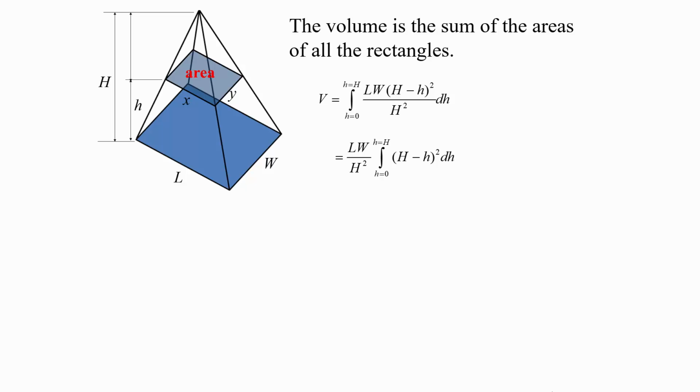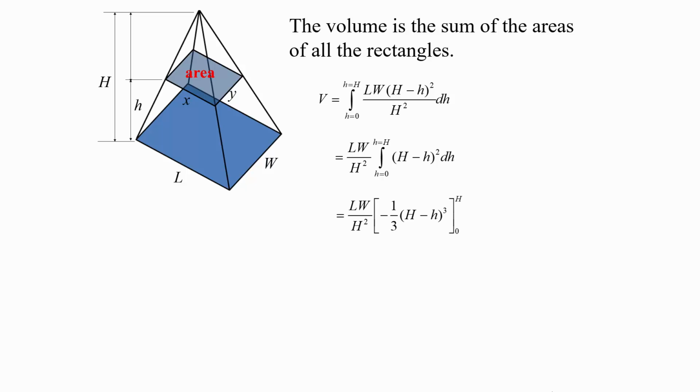And now it's just a matter of integrating what we have on the right, which is bracket H minus h squared. And just using our techniques for integrating or anti-differentiating, that's what we obtain. You add 1 to the power and divide by the power. And also there's a negative in front, which comes from the variable h, little h in the bracket.